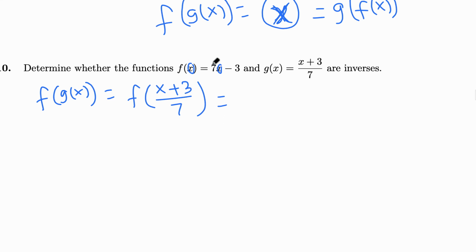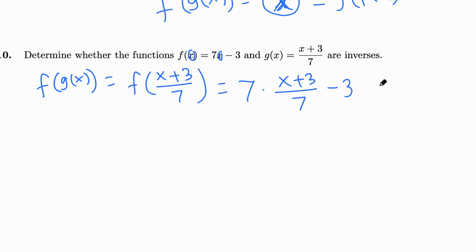So we have 7 times (x plus 3 over 7) minus 3, which is, 7 and 7 cancel, x plus 3 minus 3. The 3s cancel, so we just get x. Oh, identity function. So one side is good.